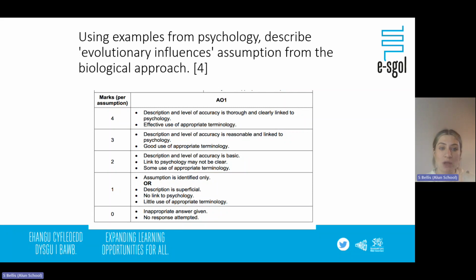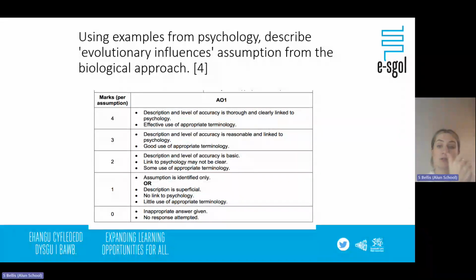Now, we are aiming for the full marks here. So description and level of accuracy is thorough and clearly linked to psychology, and we have effective use of appropriate terminology. So here you would do your description of evolution and natural selection. You would define what they are, and then you would provide an example.